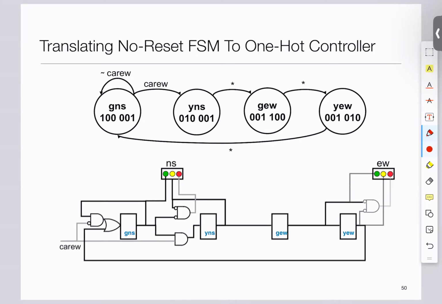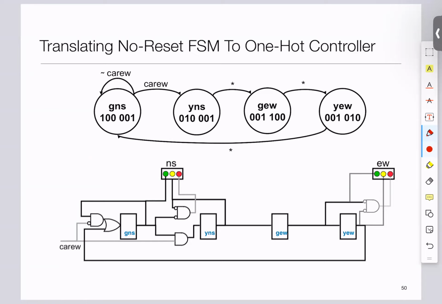Now, the only thing is here we assumed that reset was not taken care of. Now here we do have a problem, which is my GNS state is not all zeros. So when I reset, I have to do something more clever about it. Either I can use flip-flops that have a set function in them. So I can say when the reset signal comes, set GNS and reset the other three flip-flops.